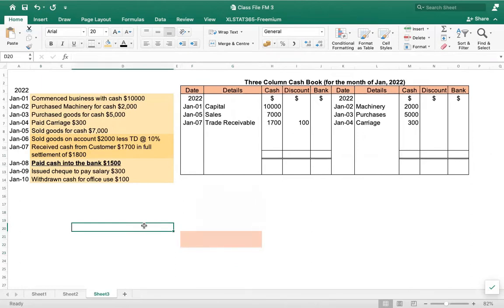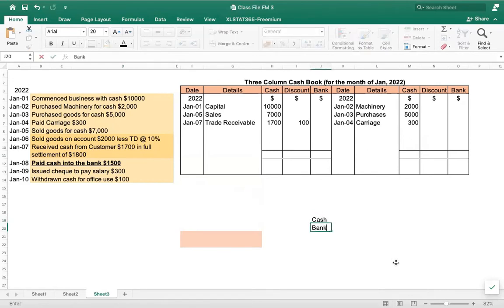cash is increasing or decreasing? Cash is decreasing. And bank balance? Decreasing. Are you sure? Oh, sorry. It's increasing in the bank. Yes. So from our pocket, cash is going, and it is going where?